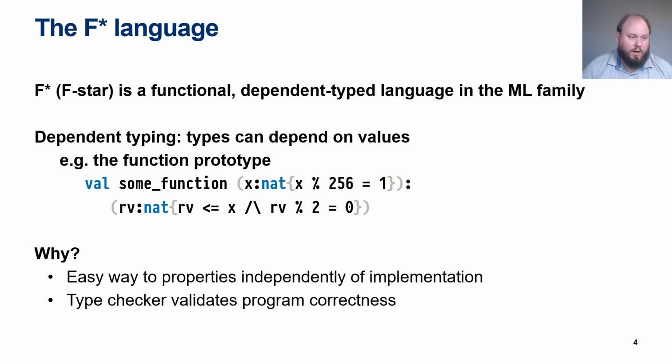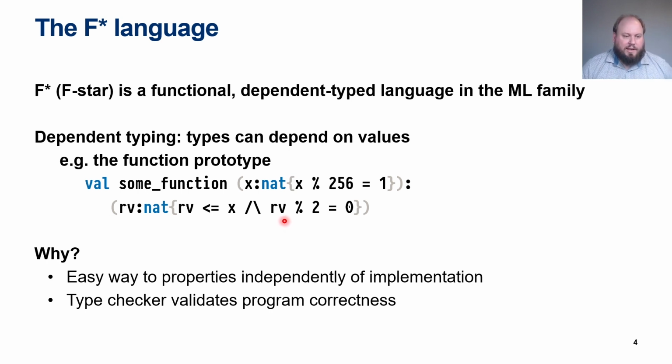So for example, we can have a function like this one that will take as input one value x, and it can have a return value whose type depends on the value of x. So in this case, the return value is always going to be less than the input, and we can say that the return value is always going to be an even number.